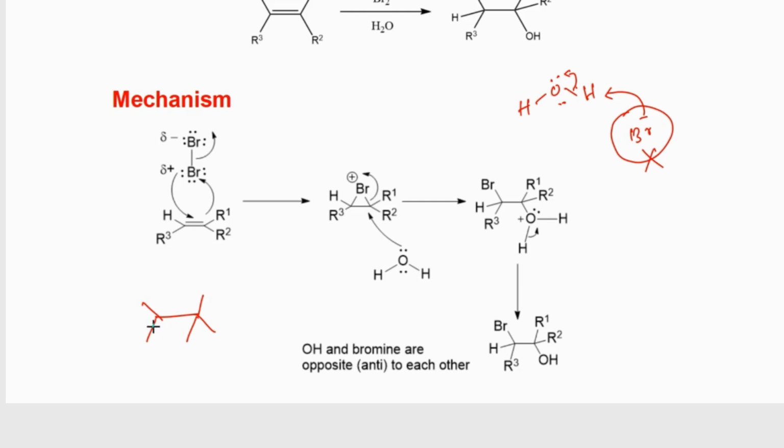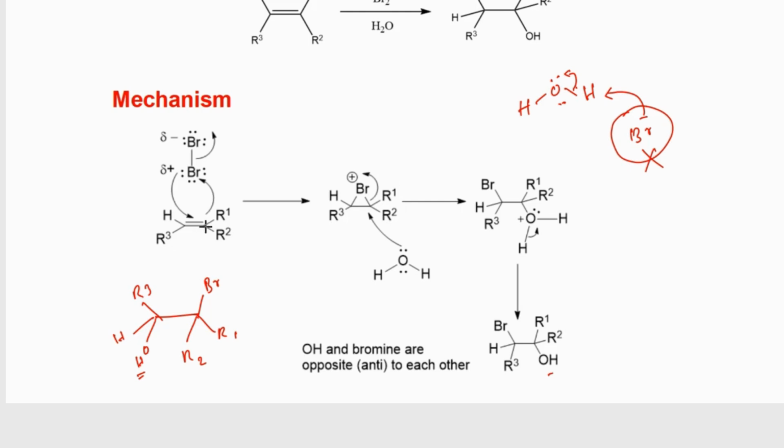For example, the bromine may be this way and OH here, with R3, R1 and R2 like this. Whenever halohydrin formation takes place, the OH group is always added at the more highly substituted alkene carbon.